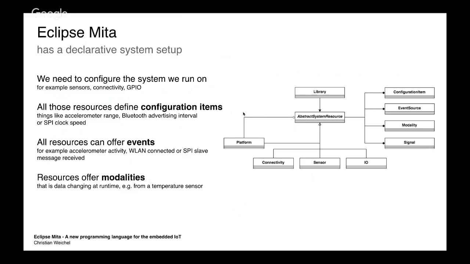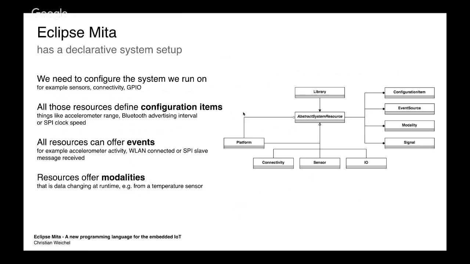For example, most modern accelerometers will be able to trigger an interrupt if they detect activity or free fall or something like that. And these events can be passed right into Mita as well. And those resources offer modalities, which is basically state that changes at runtime, most notably sensor data. For example, the temperature on an environment sensor would be a modality that you can read.